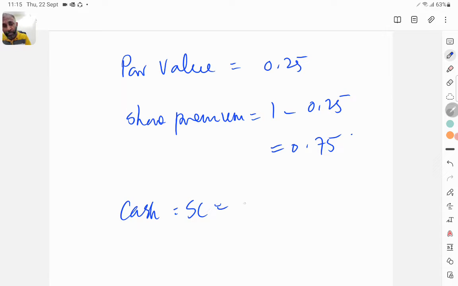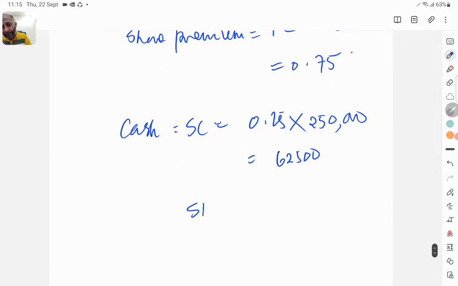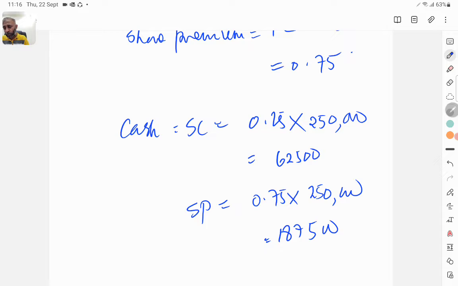Share capital will be 0.25 into 250,000, that is 62,500. And share premium will be 0.75 into 250,000, which will be 187,500.